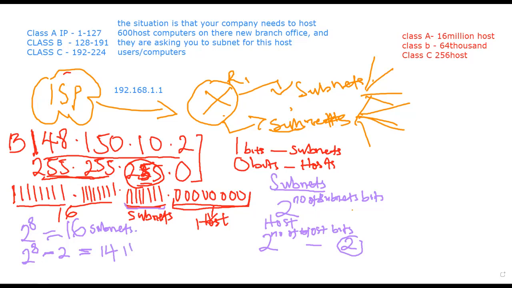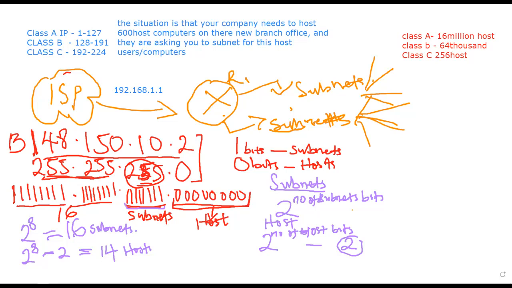That means we are going to have 14 hosts in this network. This is not what we want. This is not our goal. We want 600. Now, how do we make this possible?